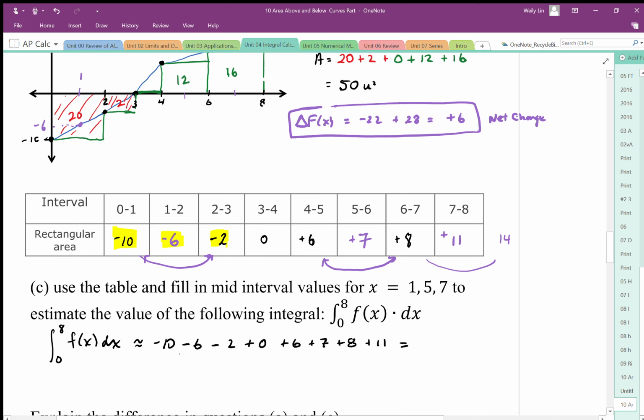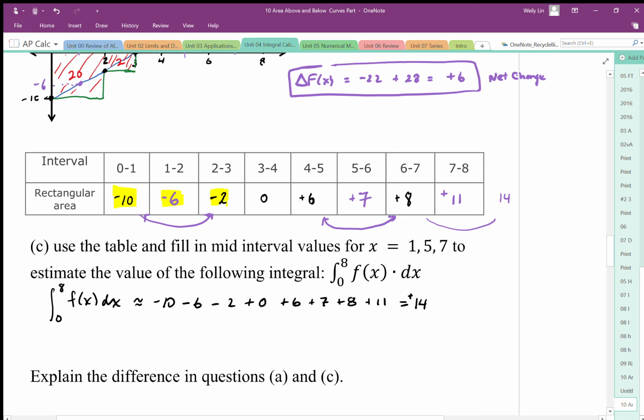When I sum that all up, I get -18, -12, -5, +3, +11, which is +14 displacement. So we get a displacement that's approximated by about positive 14.